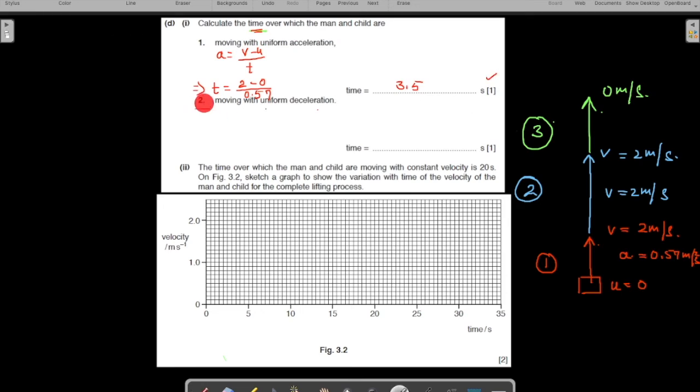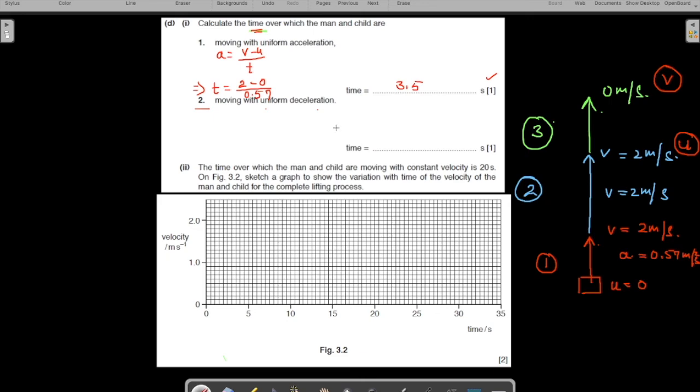Now let us move to the second part of the question, moving with uniform deceleration. They are talking about the third part of the journey, which is green. So what was the initial velocity? Initial velocity was 2. I'm writing a u here. And the final velocity was 0.